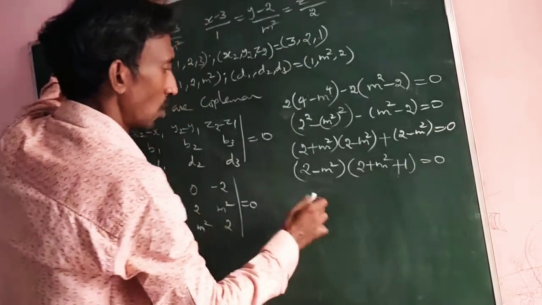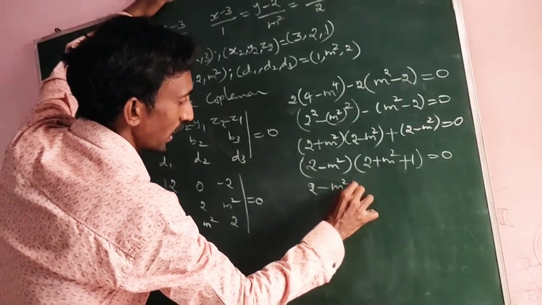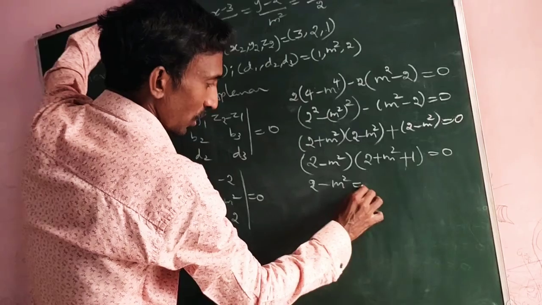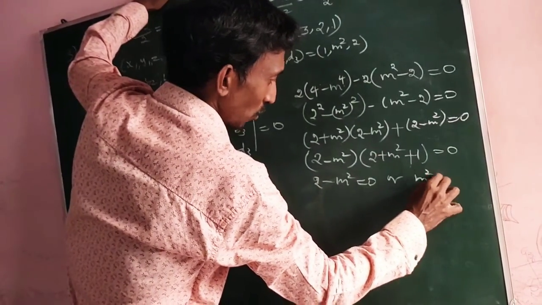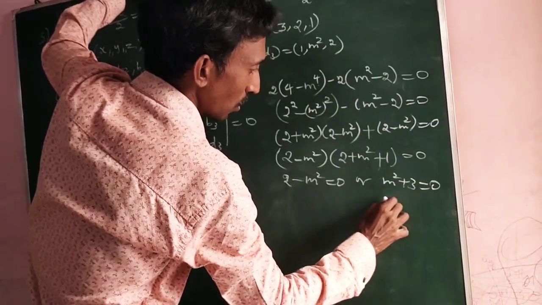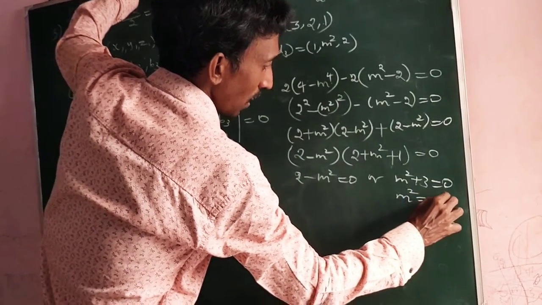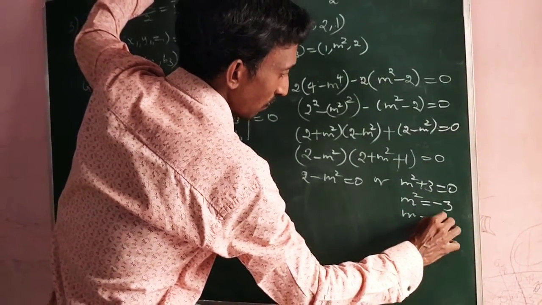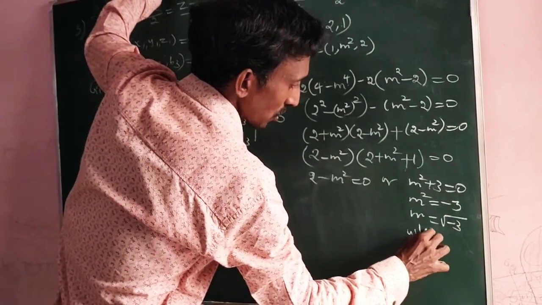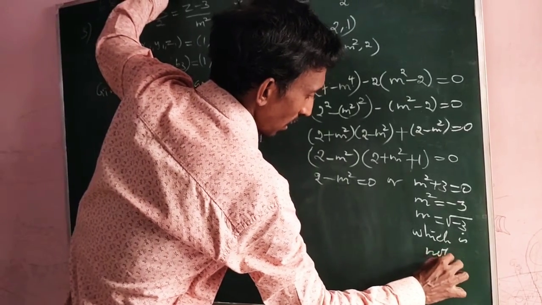So 2 minus m square equal to 0, or m square plus 3 equal to 0. M square equal to minus 3, m equal to root of negative, which is not real.